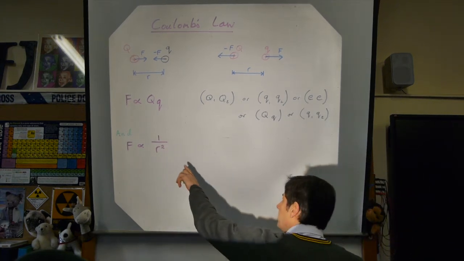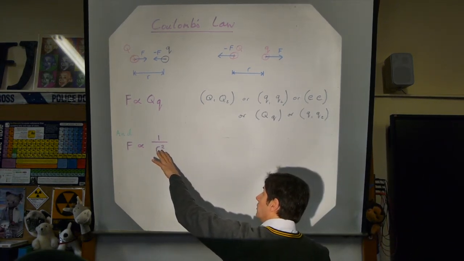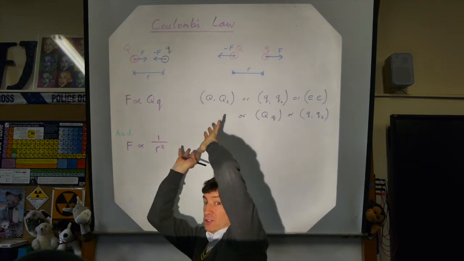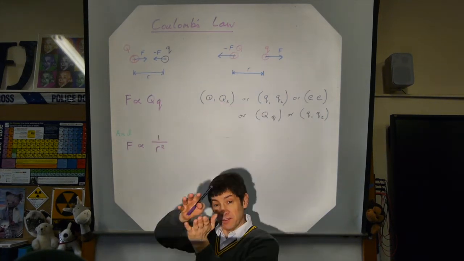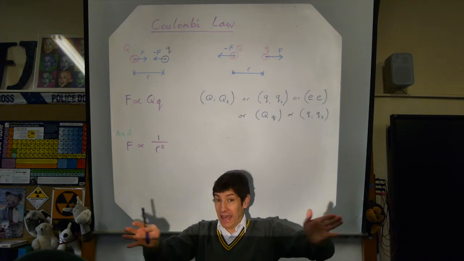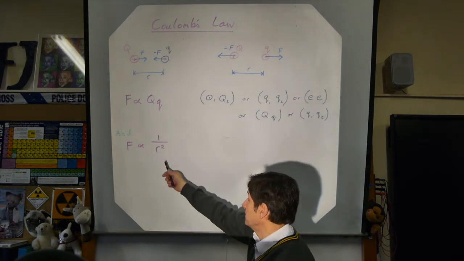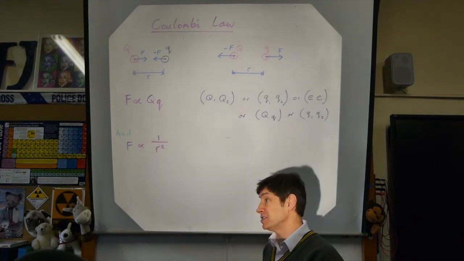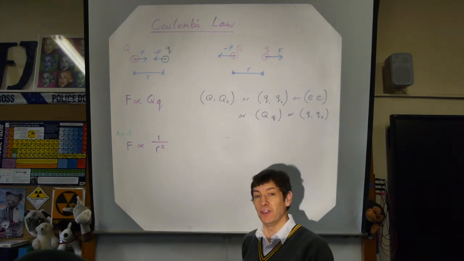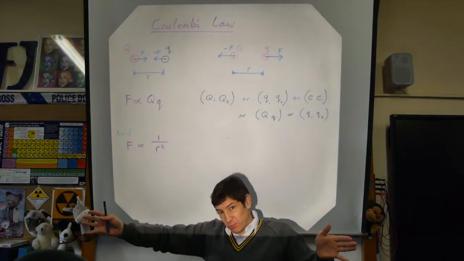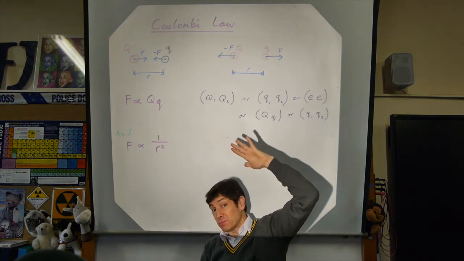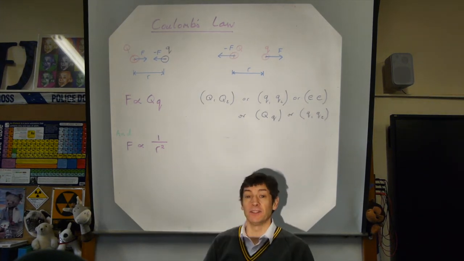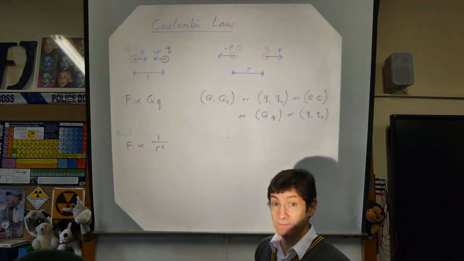Do you remember the square comes in partly because the field spreads out in that direction, but it also spreads out in the direction towards us as well. So if we double the distance, we make the field twice as spread out in that direction, twice as spread out in that direction, so four times fewer field lines per square meter.